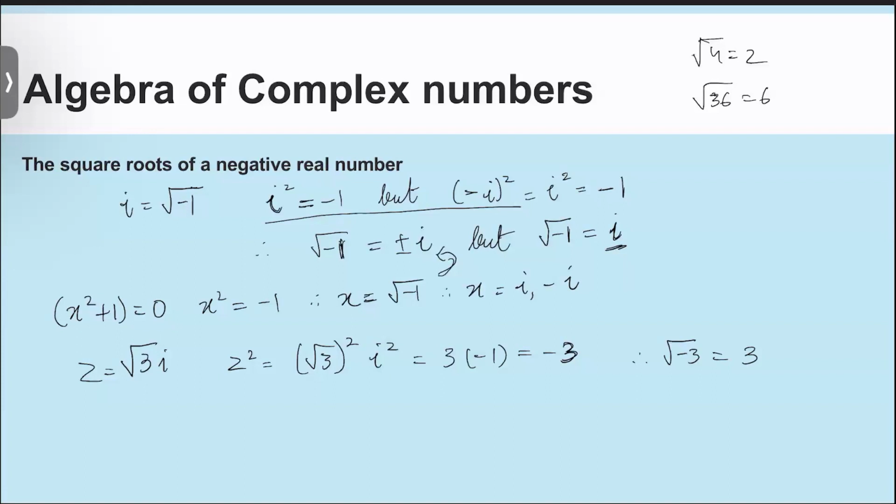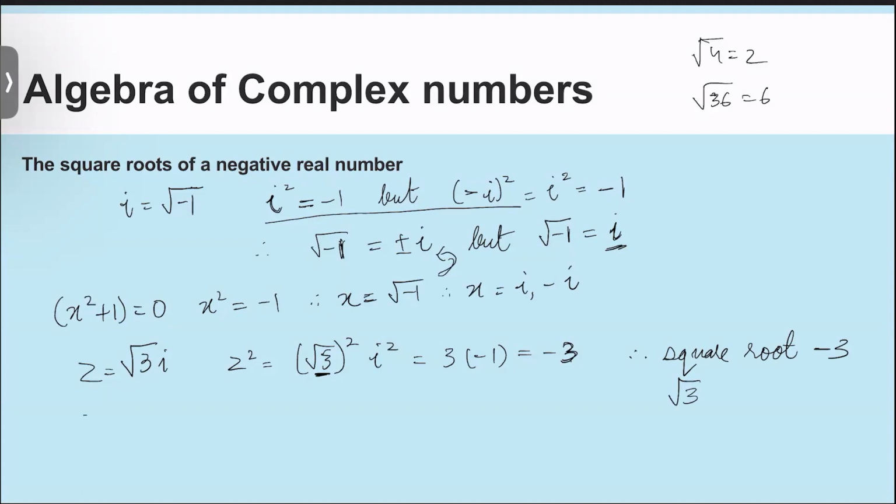Over here we had taken 3 under the root and we got minus 3. So we are trying to find the square root of minus 3, and one of the roots that we can see is √3 i.